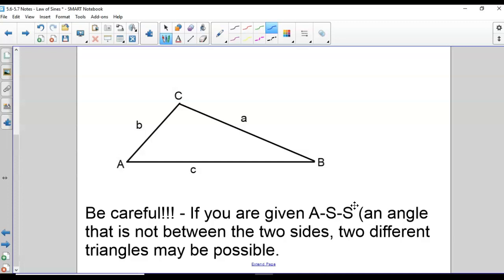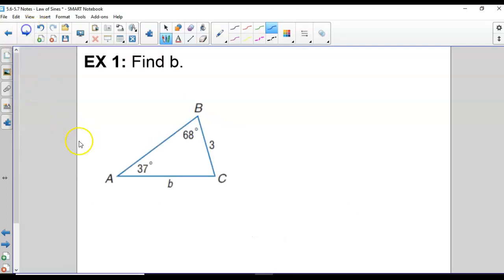I'll show you whenever we get there what we've got to watch out for. We won't see it on this first one, so it won't really matter. On this first one, I've got two angles and a side, so no need to worry about the angle-side-side case.